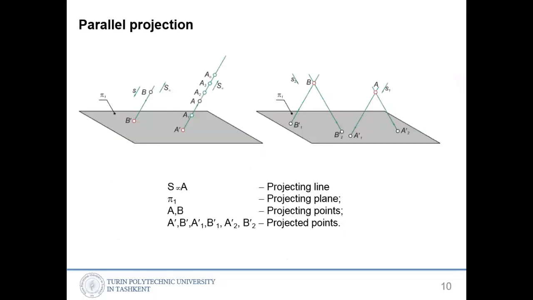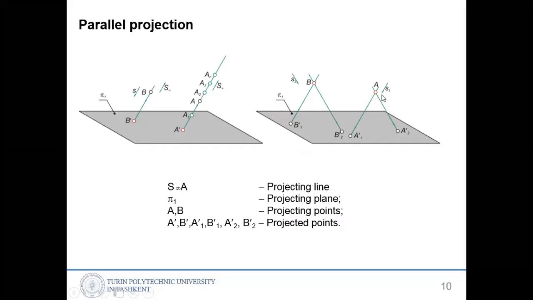So this is a parallel projection. Here point B is given, and the AS line, or ray, is given. The projection B dash on P1 is the parallel projection. Or many points are given in the space and some ray S is given also, and all of them project to the same A dash, because they all lie on one ray, one line.